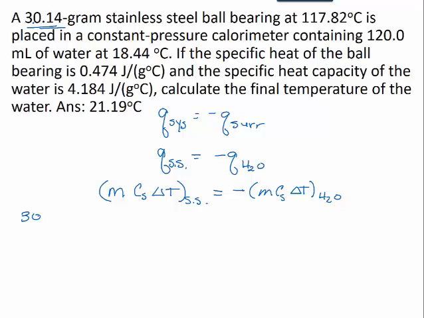It's 30.14 grams of the stainless steel ball. It tells me the specific heat capacity is 0.474 joules per gram degree Celsius. And it's not giving me a change of temperature, it's giving me a final to look for. Let's just call it X, that's my final temperature.